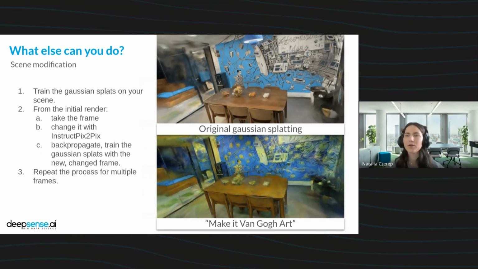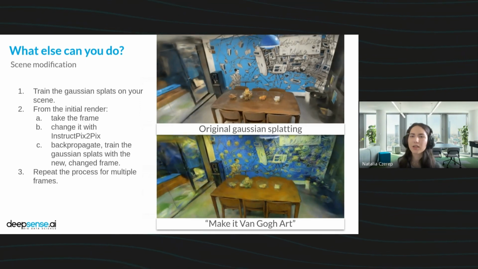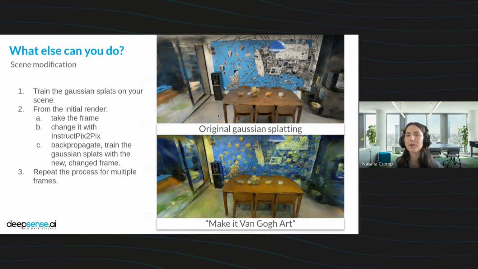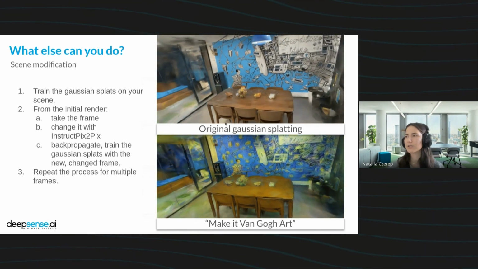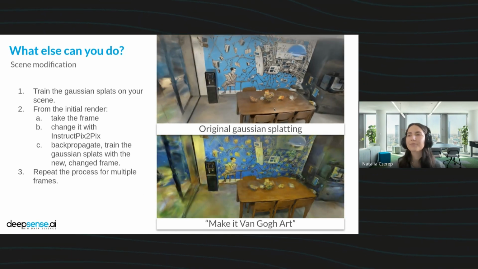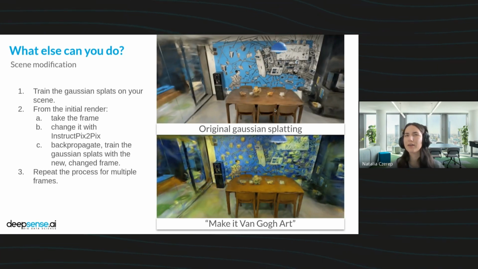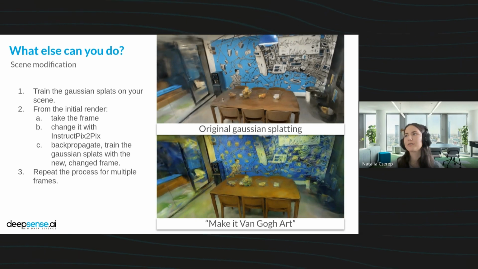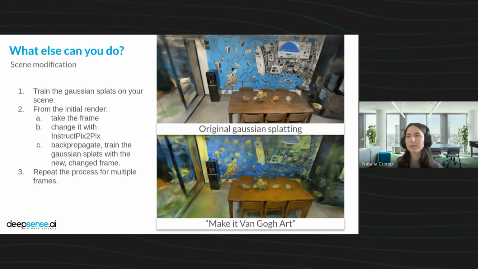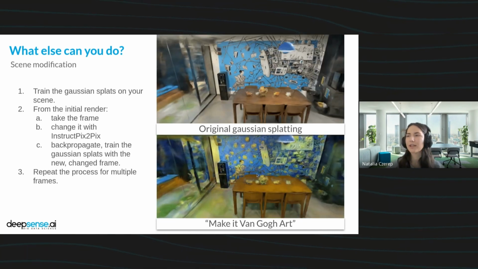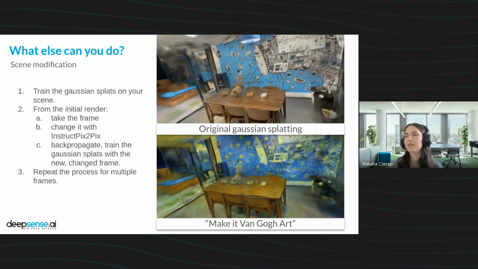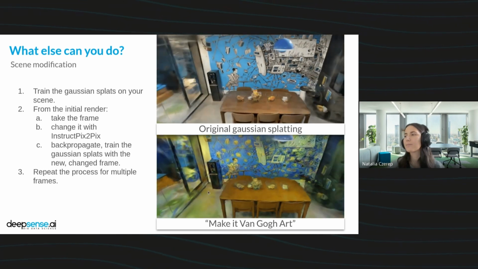What we did was scene modifications. So we had trained the initial Gaussians of our office kitchen, and then we took the frame out of this render, changed it with InstructPix2Pix, and then trained the Gaussian splats once again with the new changed frames.